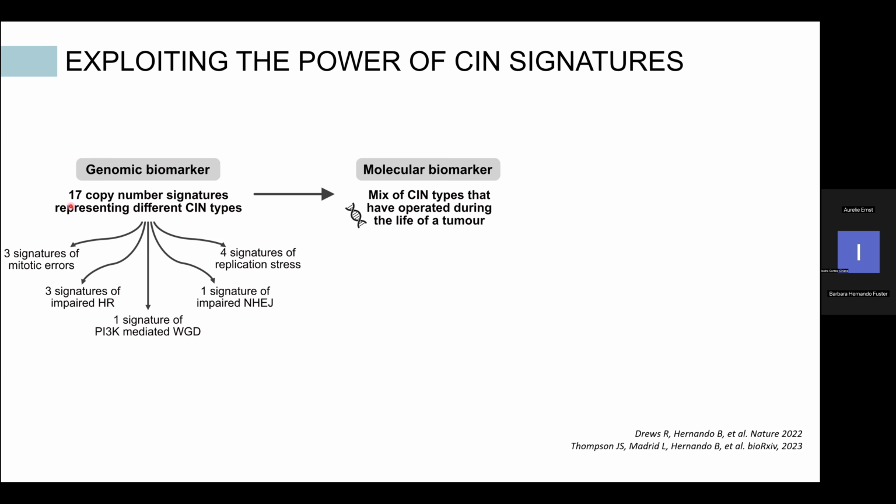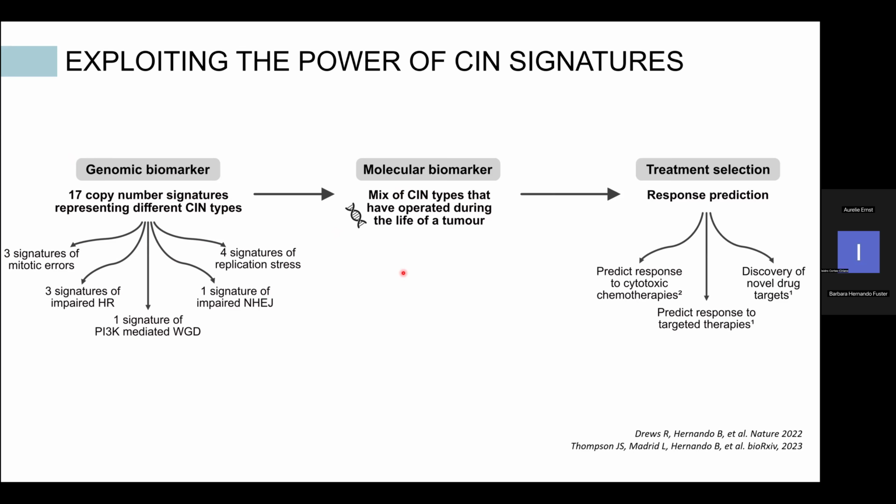They are telling us what are the genomic scars that are in these tumors. And then these signatures actually are linked to specific mutational processes. So we know which are the different types of chromosomal instability that have been operating during the lifetime of those tumors. So then this information actually can be used to predict response to different treatments.